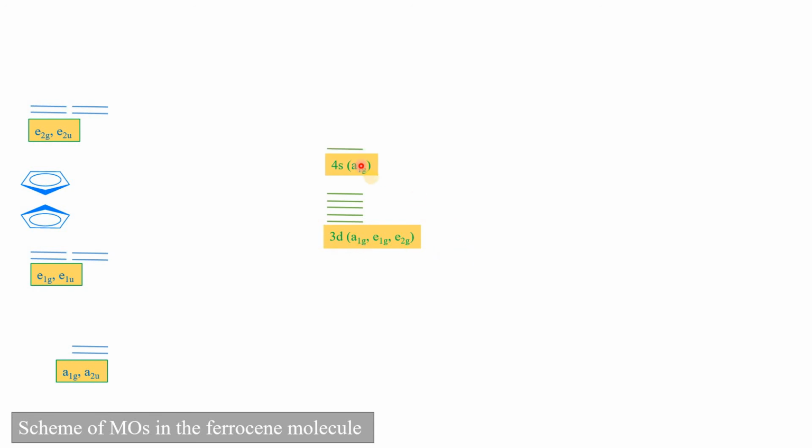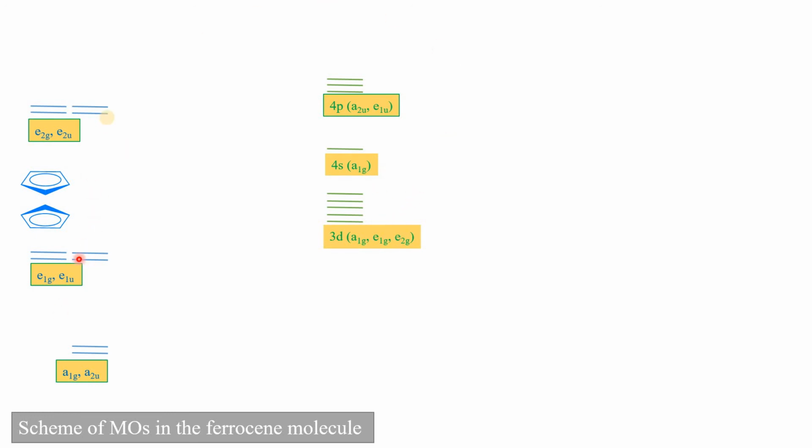Then there is 4s, it changes to A1G, and this 4p changes to A2U and E1U. As I already told, the p orbitals have U symmetry and the s and d orbitals have G symmetry. So if you look at the number of orbitals, how many total orbitals are there? 3 plus 1, 4 plus 1, 5, 9.